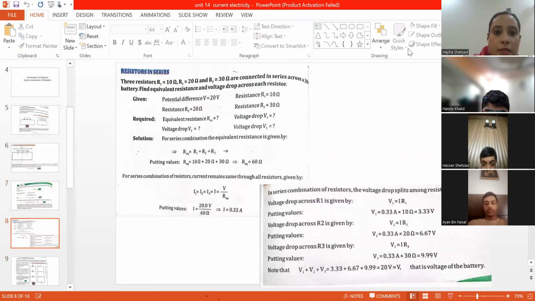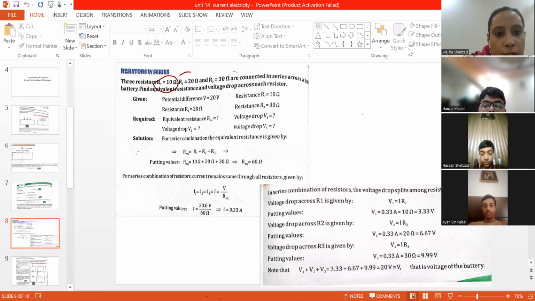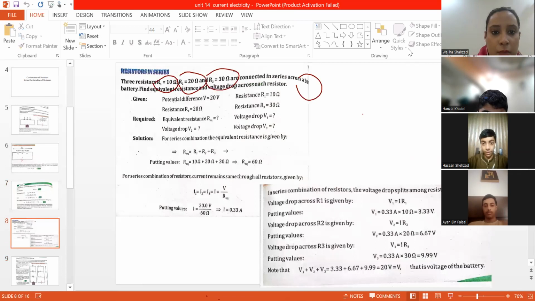Now we will discuss a problem regarding resistors in series. If you see the example that is mentioned in your book: 3 resistors, R1 is 10 ohm, R2 is 20 ohm, R3 is 30 ohm, are connected in series across a 20 volt battery. Find the equivalent resistance and the voltage drop across each resistance.